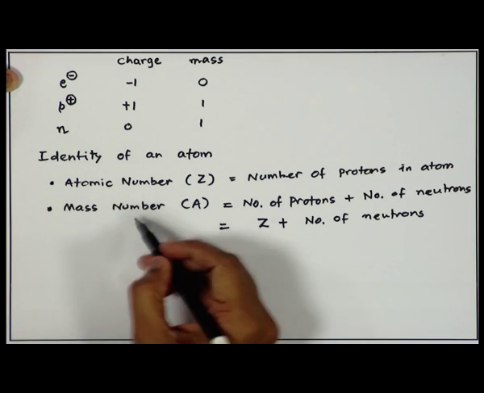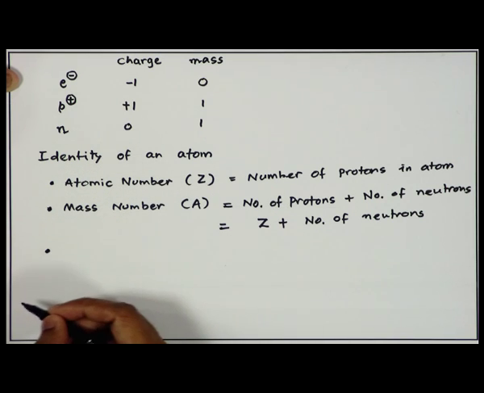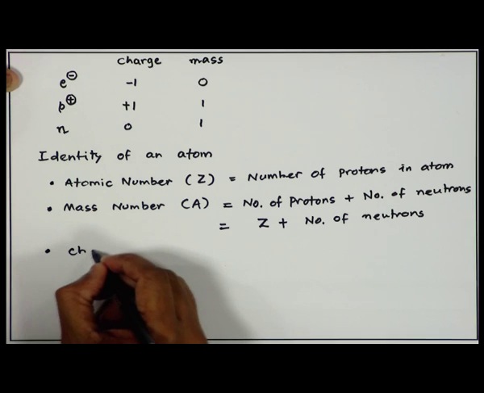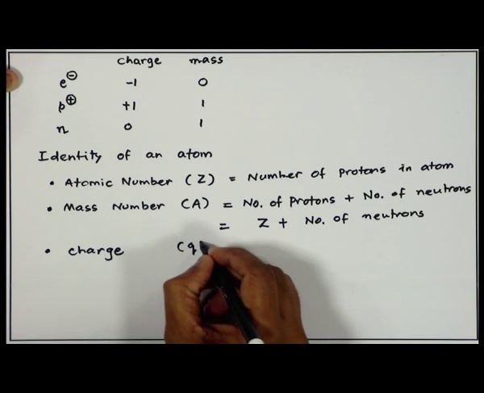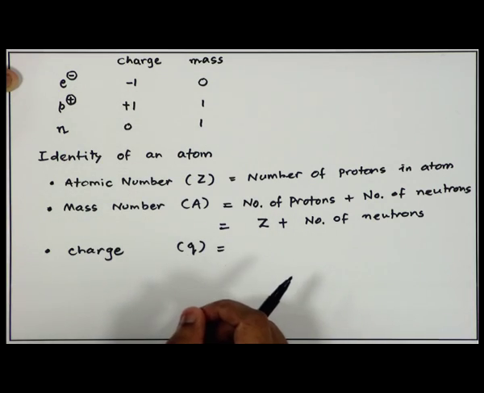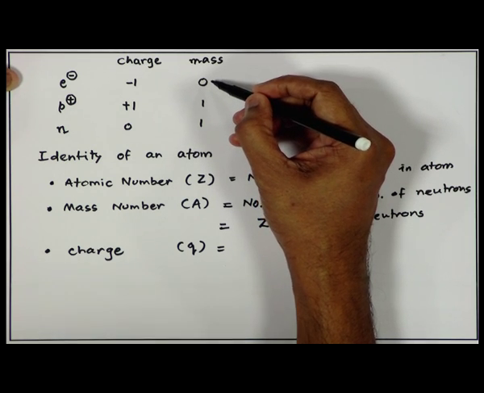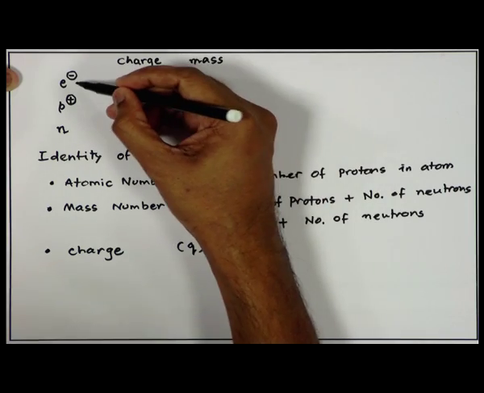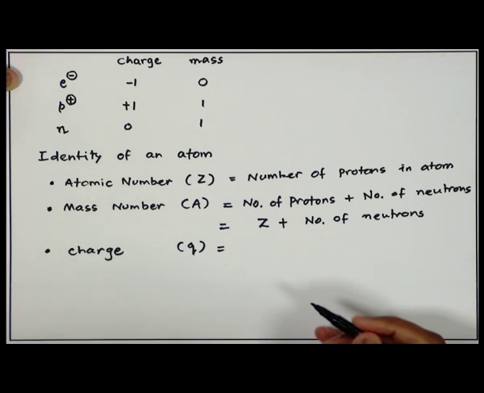These two are very important quantities, but in addition to them we also require another quantity, and that is the charge on the atom. Let us call it by small q. How do I determine the charge? Why do I have charge in the atom? Because I have got two different types of charged particles in the atom. One is the electron, which is negatively charged, the other is the proton, which is positively charged.